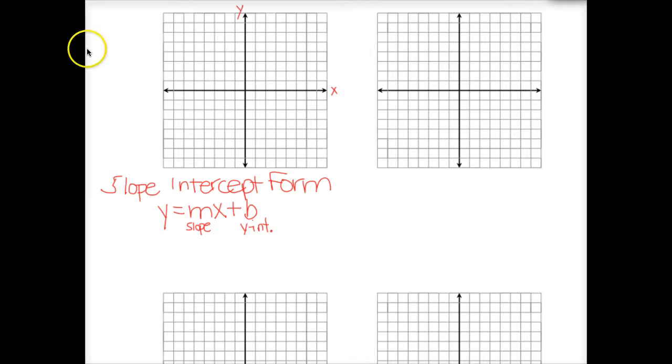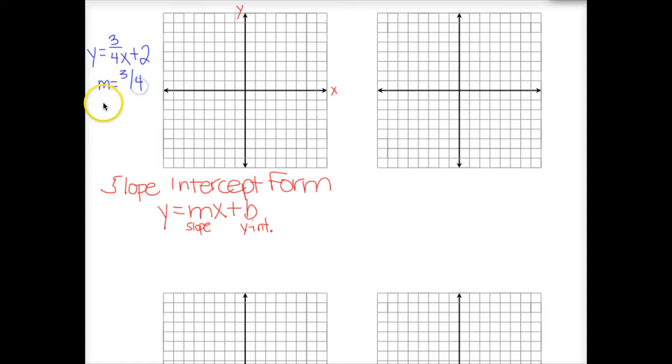Let's say we had the equation y equals 3/4 x plus 2. So if we look at that equation, it does take this form. We've got y on the left, we've got a number, then we've got x, and then we've got another number added on the end. So this would mean that our y-intercept is 2, our slope is 3/4.